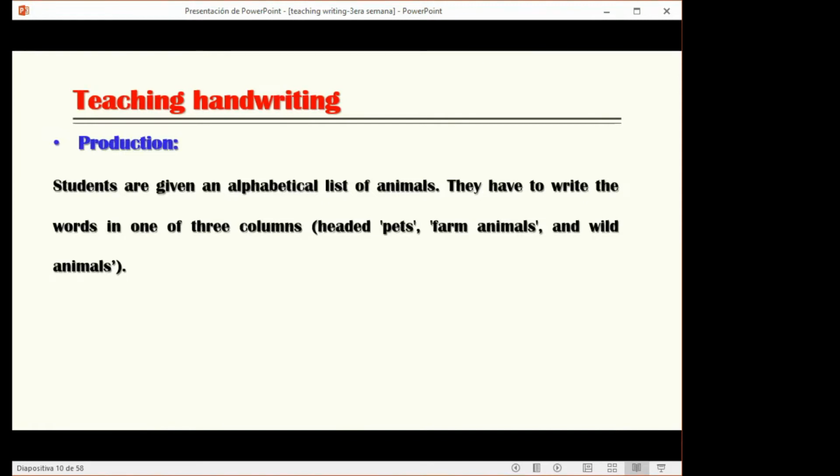You have to give them a list of animals, and they have to write the words in 1 of the 3 columns. For example, you have pets, farm animals or wild animals. So they categorize them. Again, you can do it on the board, or you can give them a worksheet to work in pairs or individually, as you want.